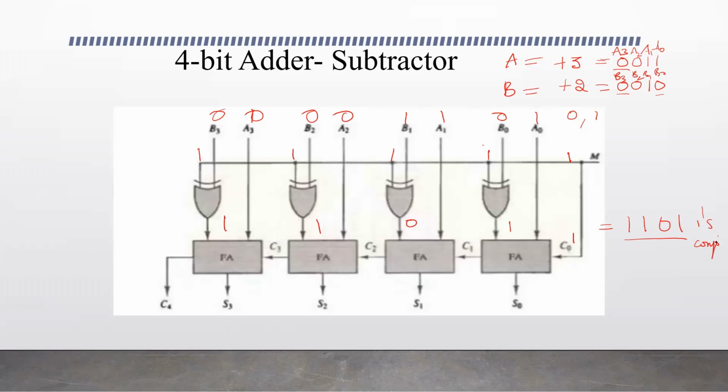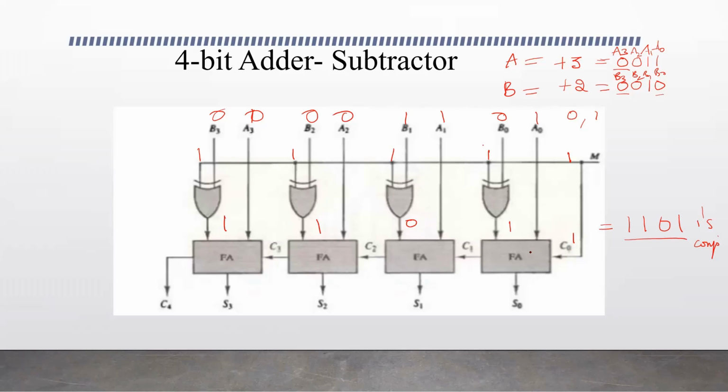As it is subtraction, when B passes through the complementer with M as 1, it generates the complement of B, which is just the 1's complement. To find the 2's complement, we add 1, so the input carry is 1.